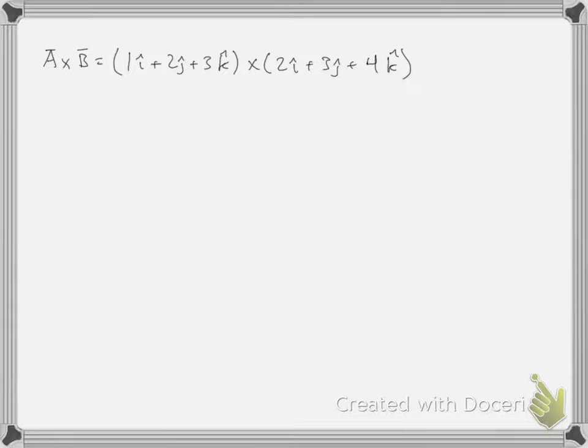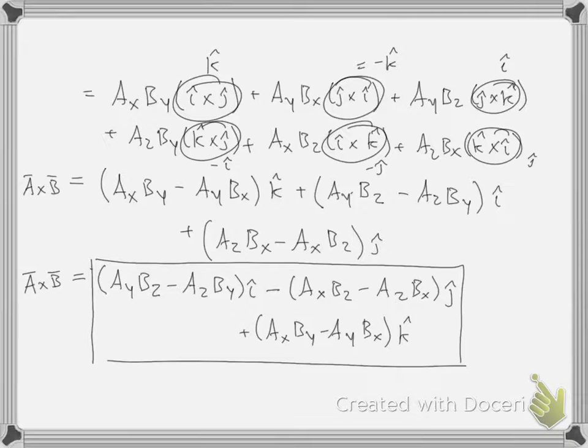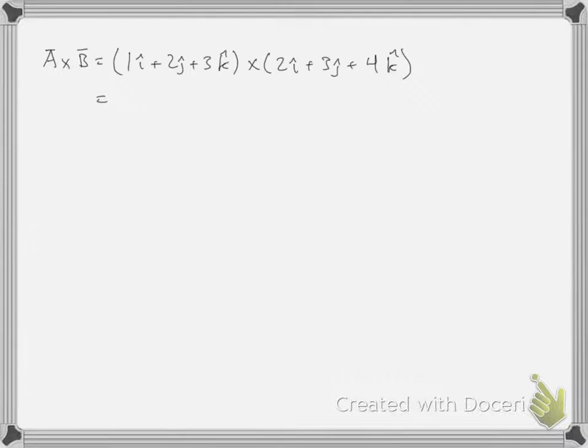Okay. So what we had was AYBZ minus AZBY. Again, these are the magnitudes of each of these components. AYBZ minus AZBY.